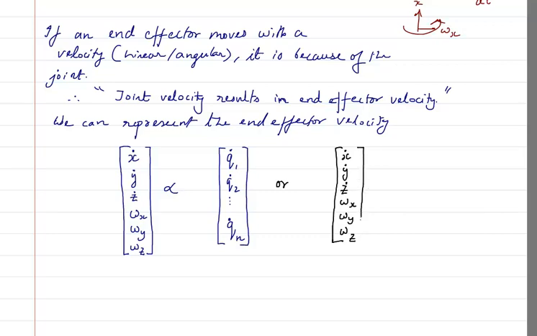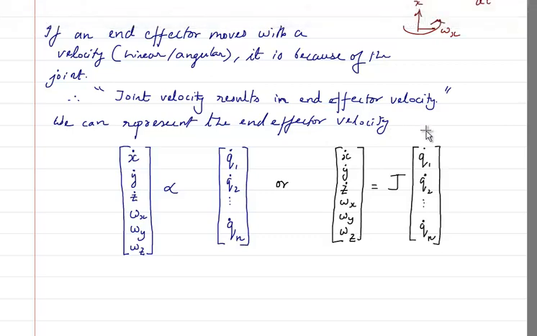That is due to, so I have to remove the proportional sign, as you know that we have to put a value here. So that I am writing as some matrix J. And that matrix J has to be multiplied with whatever is left, which is q1 dot, q2 dot, all the way up to qn dot.